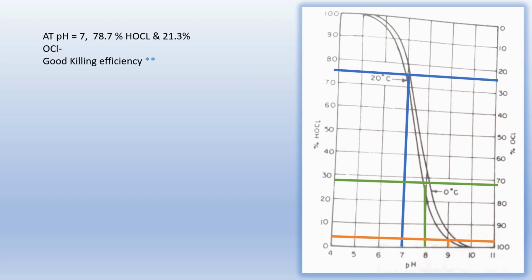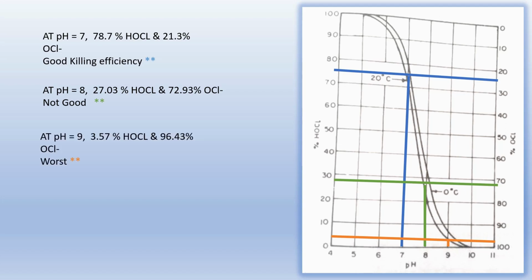which is OCl-. Again at pH 7, 78.7% HOCl and 21.3% OCl- indicates good killing efficiency, as HOCl is 40 to 80 times more efficient than OCl-. Again at pH 8, 27.03% HOCl and 72.93% OCl- is not very good.